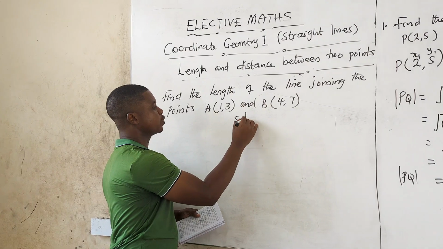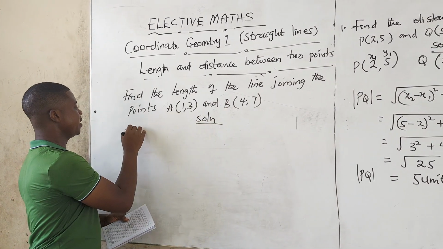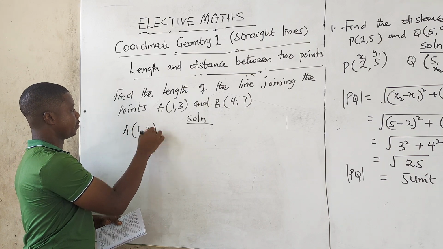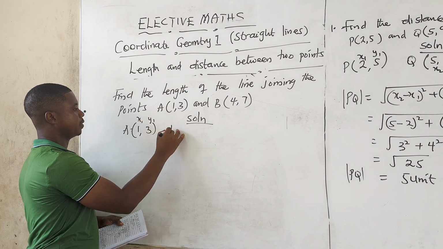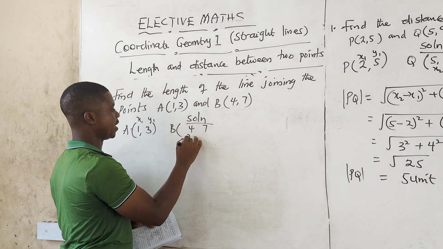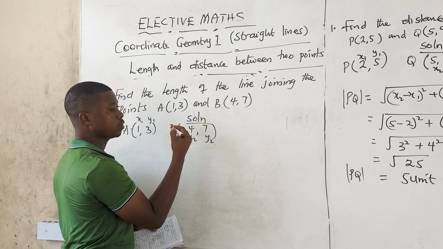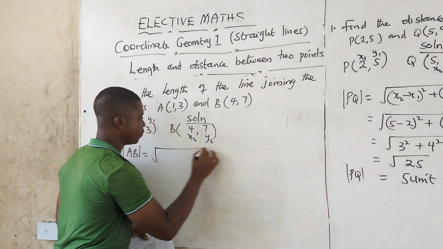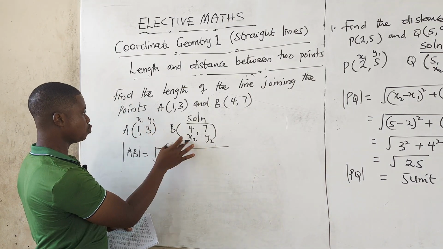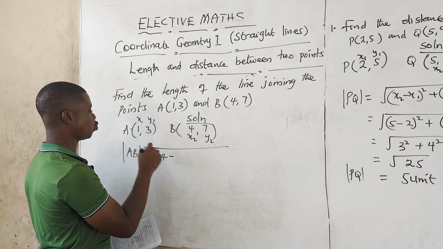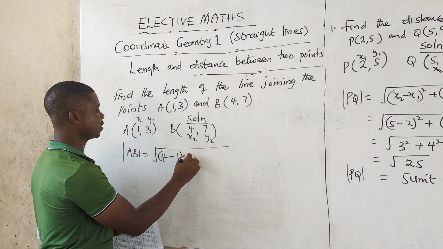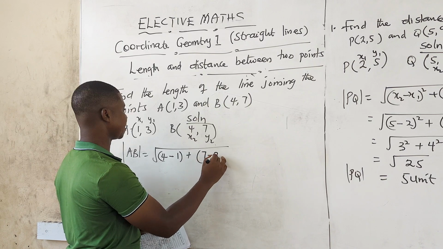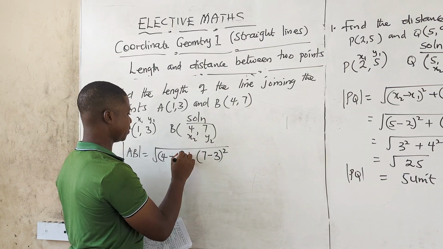So the same procedure. A(1, 3) is x1, y1, and B(4, 7) is x2, y2. So AB is equal to the square root of (4 minus 1) squared plus (7 minus 3) squared.